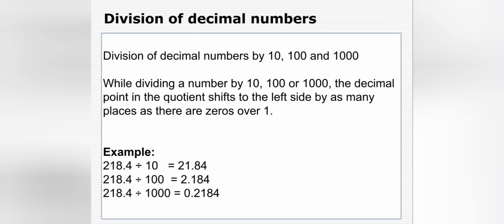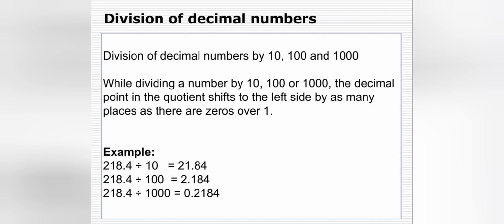Now here it is exactly opposite to that. While dividing a number by 10, 100 or 1000, the decimal point in the question shifts to the left side by as many places as there are zeros over 1. Clear, children? It is so simple.